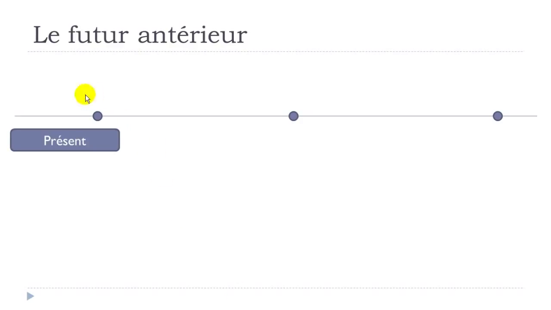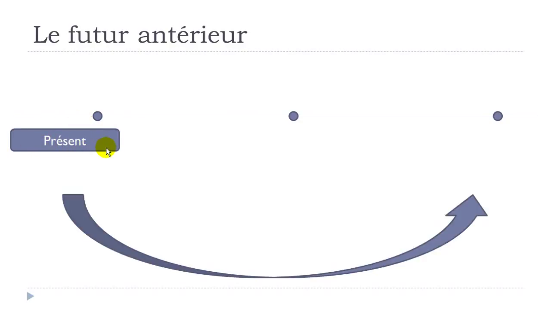So if we are here, this is the timeline. Normally if we want to express what is happening right now, we will use the present tense, so le présent here. And then if we want to talk about the future, then we'll use this futur simple, for instance, the tense we've been seeing previously.